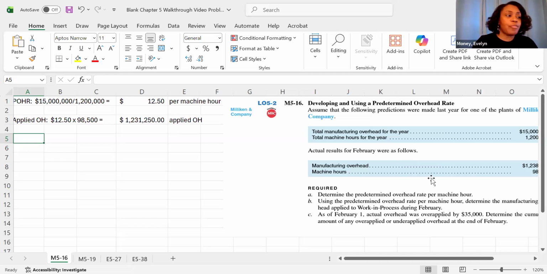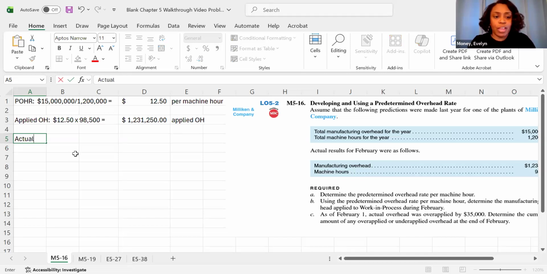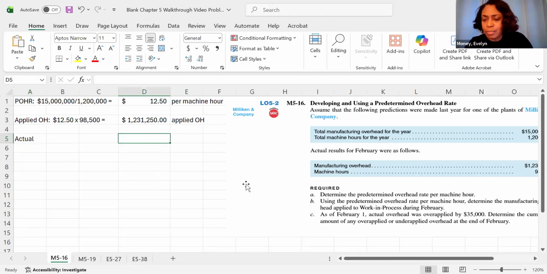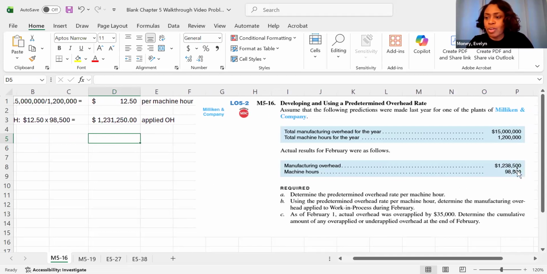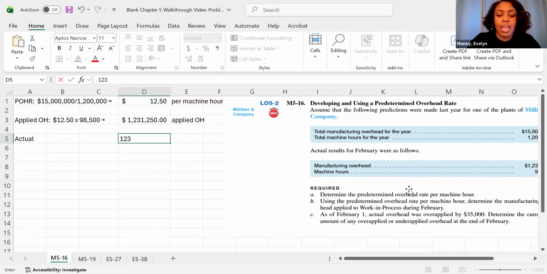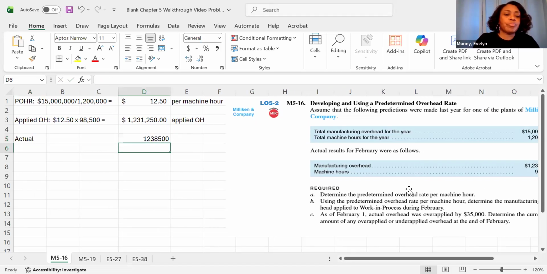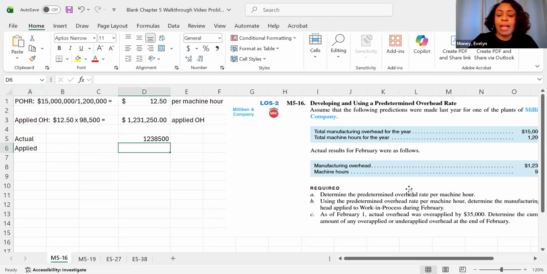For this month, to find the over or under applied amount, I'm going to take the actual overhead, which was given to me, $1,238,500. We're going to compare that to the applied amount, which we just calculated here.